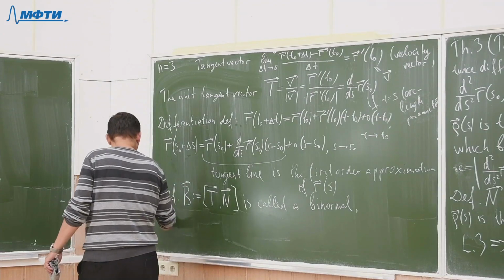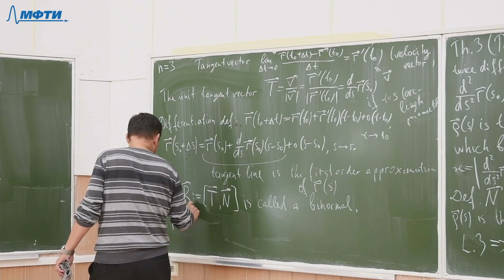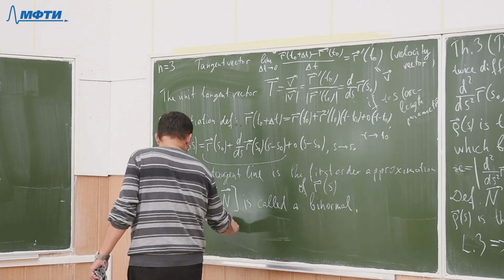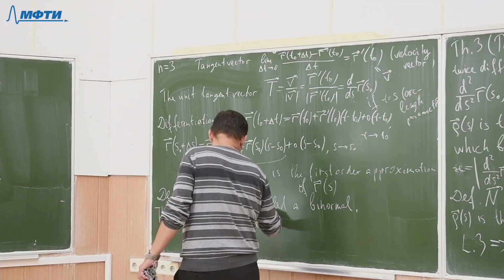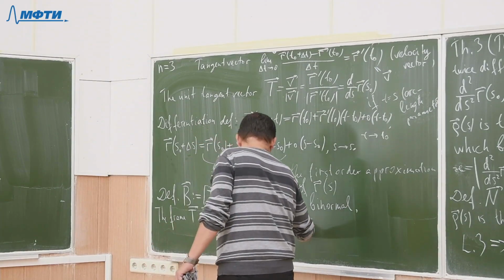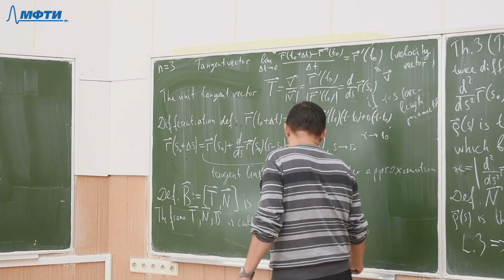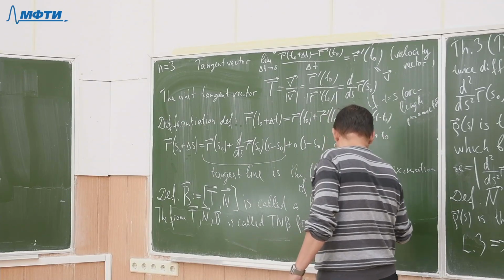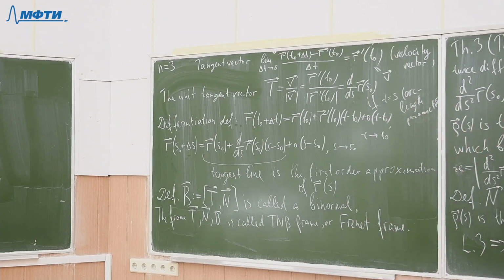The frame T, N and B is called the TNB frame, or Frenet frame.